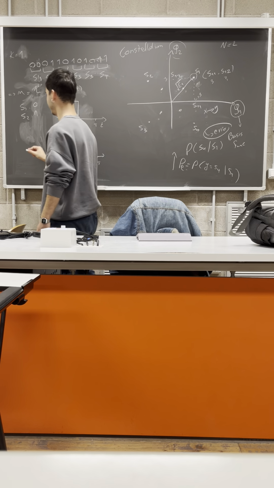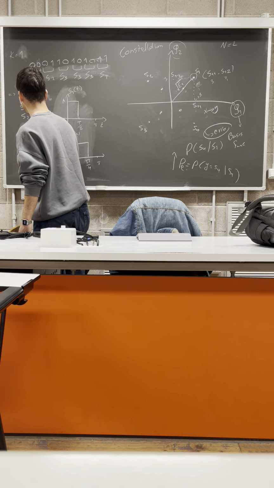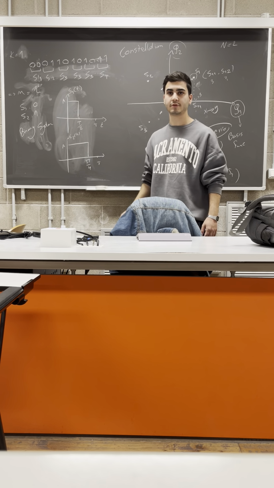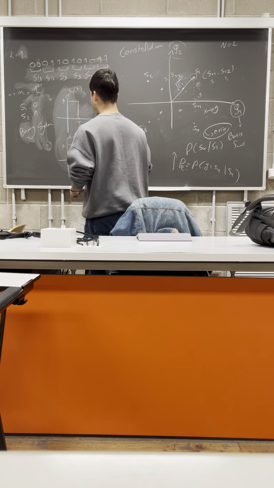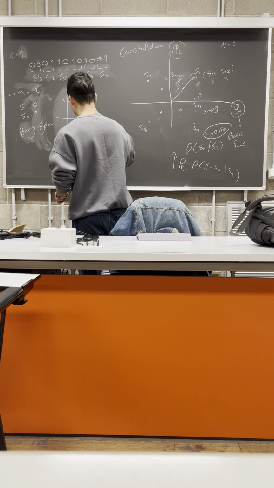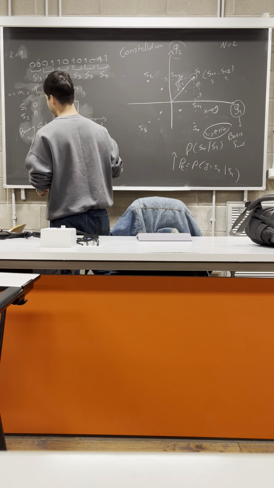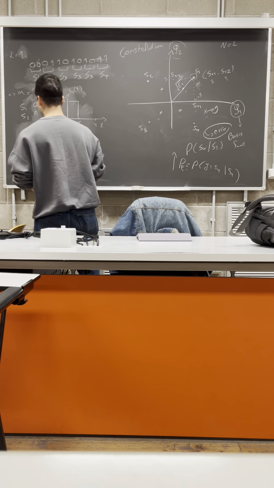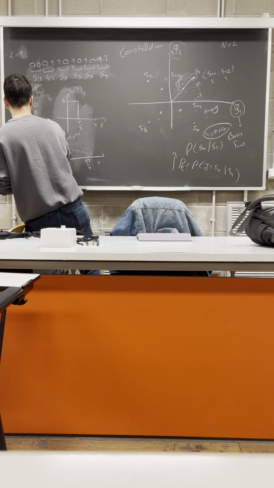That is called binary. It's a binary system, because we have only 2 points in the constellation. We have only 2 symbols. One of the most basic ones is called binary antipodal.